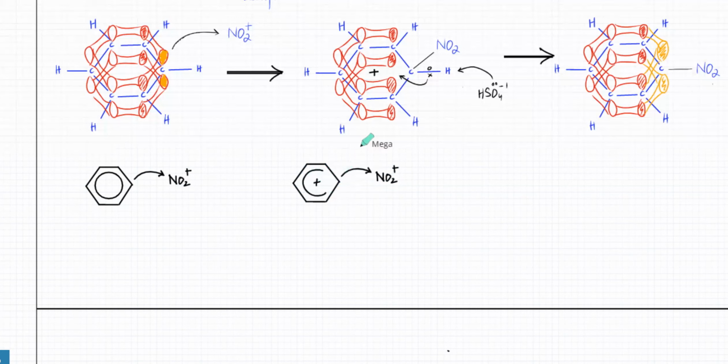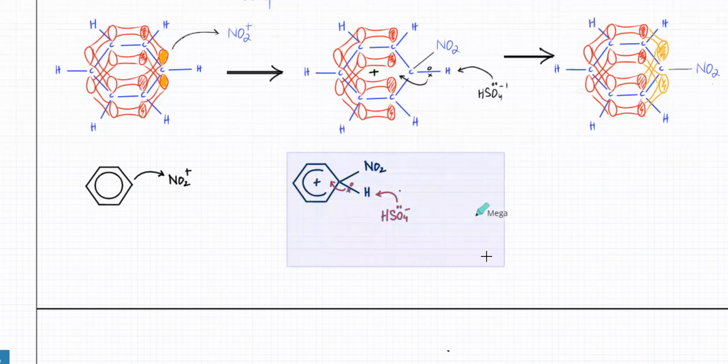The NO2 is going to come in and bond with benzene. And there's going to be the H. In the next step, the H will lose electrons to the benzene electron cloud. And the HSO4 minus is going to accept that H. So the electrons from HSO4 minus are going to be attracted to the H. And the last step would be that the benzene would be reformed.